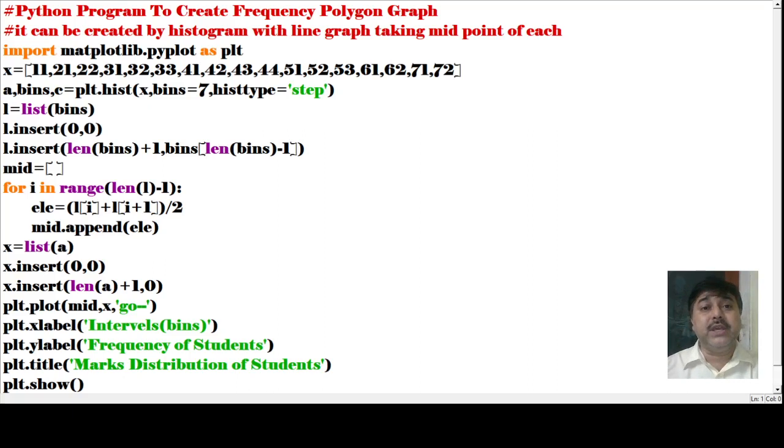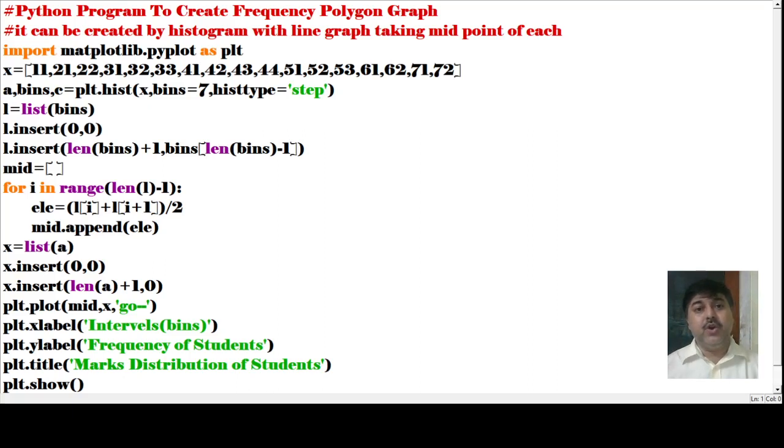So those are the three sections that have been allocated here. In that we have stored plt.hist, where we store x, the values of x, then bins is 7, and the histtype is step.